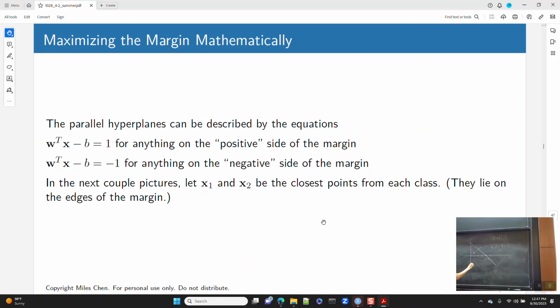And so I would have w transpose, 1, 1, times 4, 0 equals 4 minus 4, which is equal to 0, right? Here is the point 2, 2, and 1, 1 times 2, 2 will also equal 4 minus 4, that will equal 0.